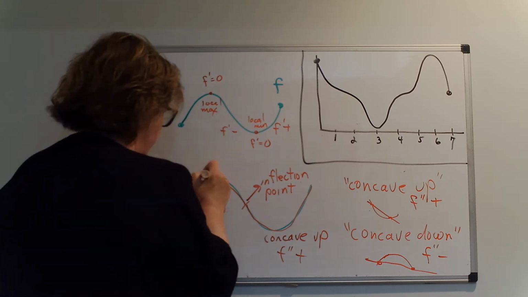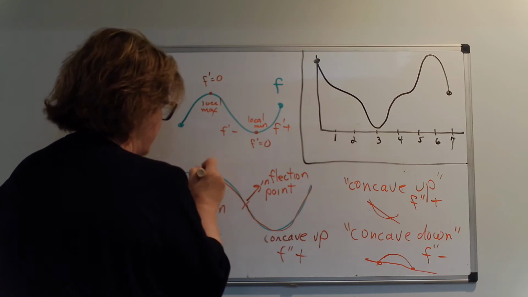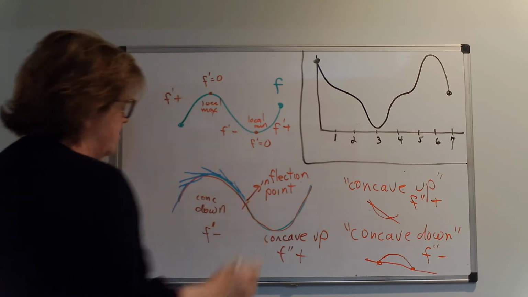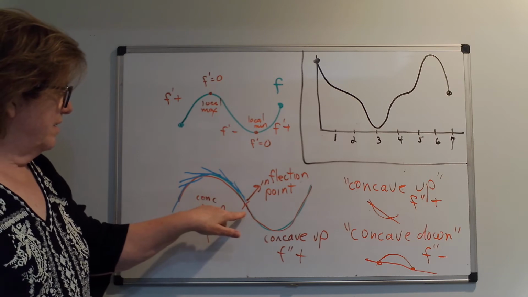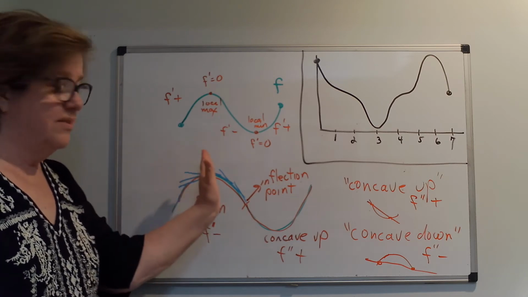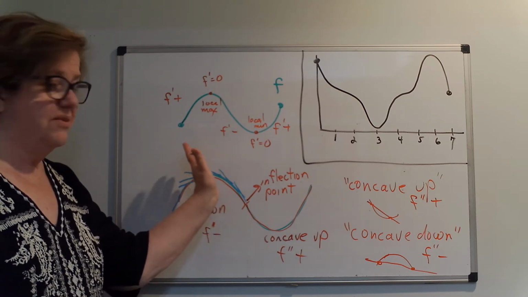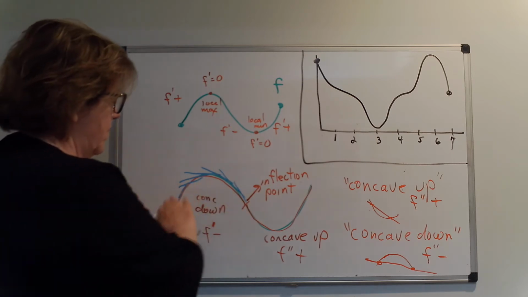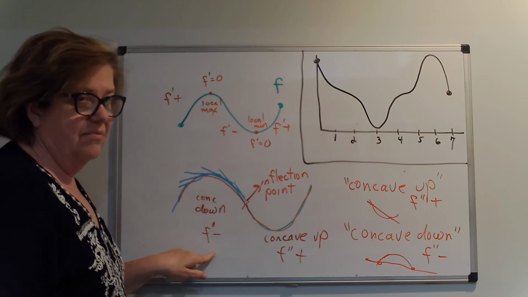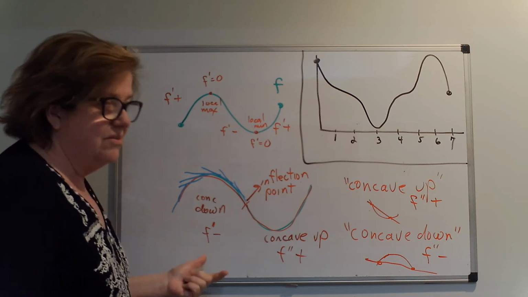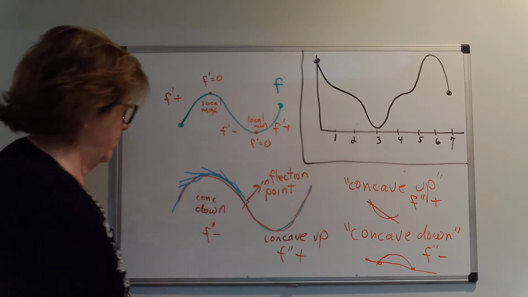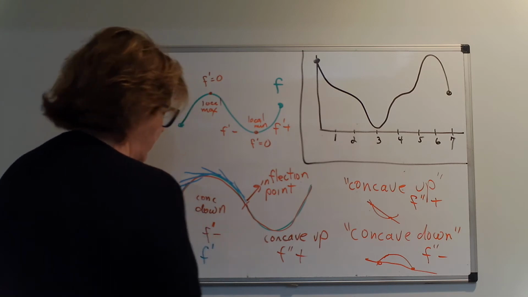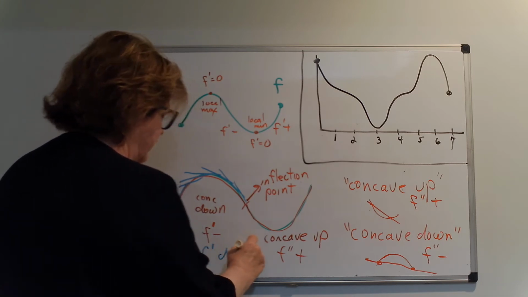It gets less steep, so it decreases, and then it decreases even more. It's becoming steep, but it's decreasing because it's getting very negative. So all throughout here, where the function's concave down, where the second derivative is negative, the first derivative is decreasing.